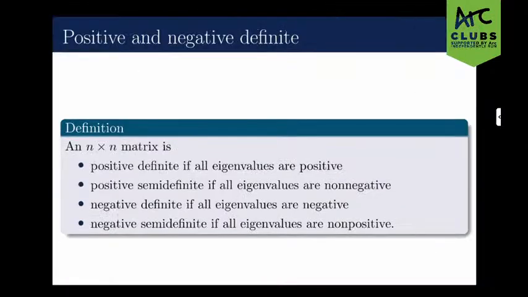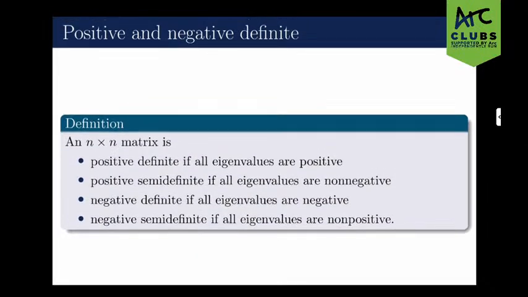Okay, so some definitions. Hopefully all of you remember your eigenvalues from first year. I think back when I did this course, I definitely didn't. A matrix is positive definite if all of the eigenvalues are positive, negative definite if all of them are negative, and semi-definite if they are non-negative, so they could be 0.